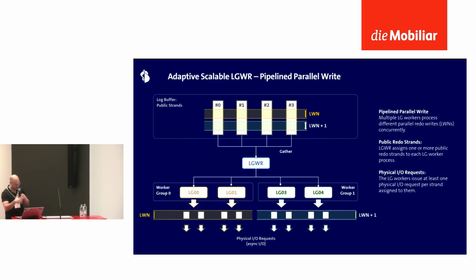And here, for the sake of completeness, the combination of pipelined and parallel writes at the same time. So key message here, log writer internally operates in LWNs, so logical writes. And these writes then get assigned and further broken down into physical I/O requests.